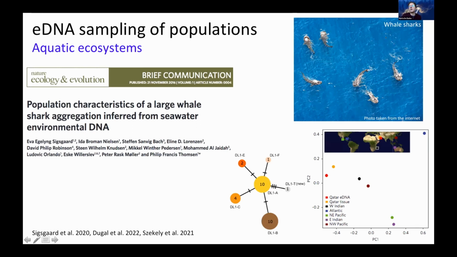So researchers here collected water from the middle of the aggregation, and from the eDNA extracted from the water, they were able to identify sequence variants corresponding to this aggregation. These sequence variants partly matched other sequences that were already published using independent DNA data.